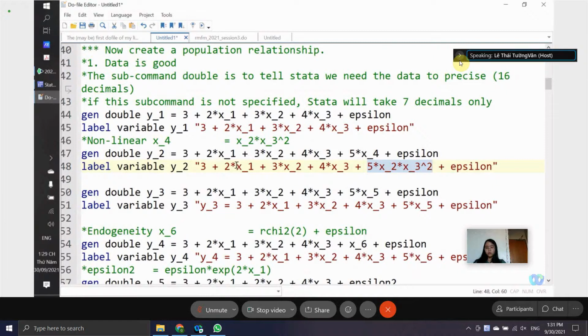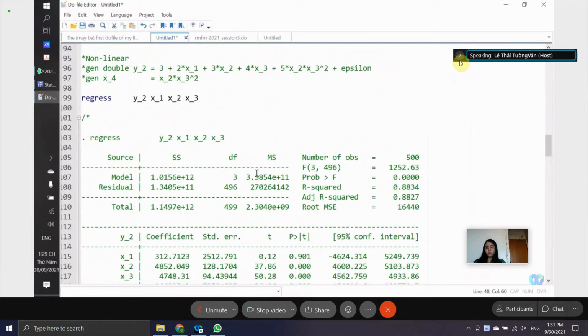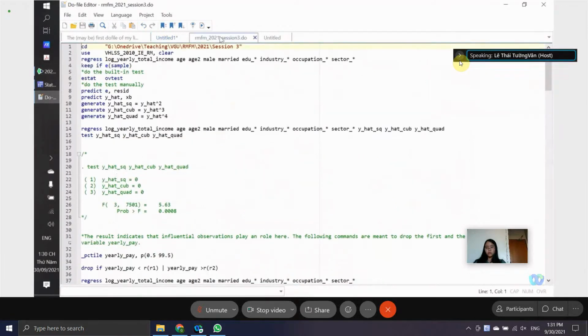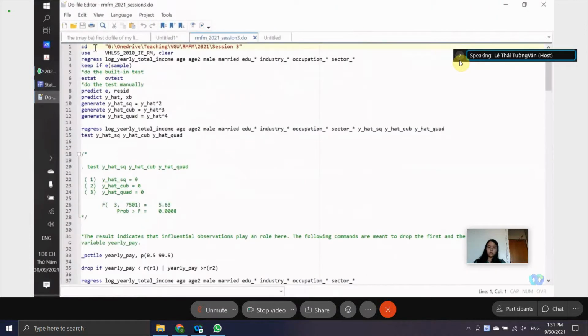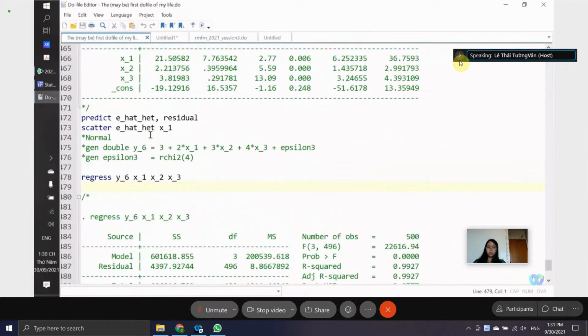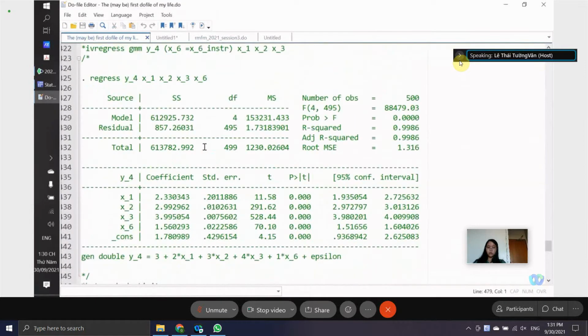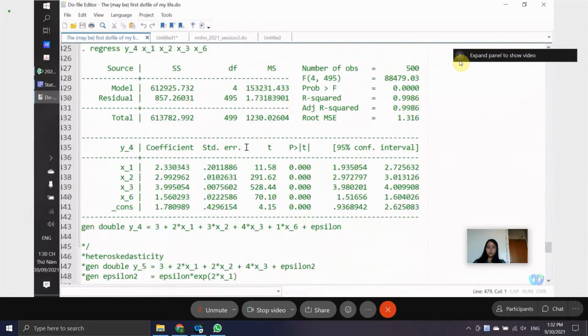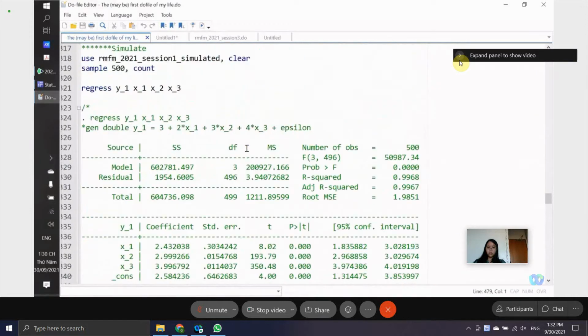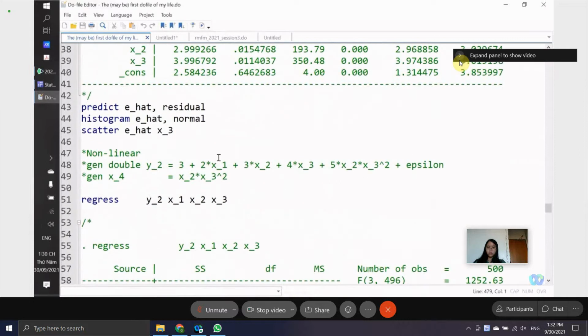After that, when we run the regression, if we regress y2 on x1, x2, x3, this is the regression. So y2 depends on x1, that is true. x2, that is true. x3, that is true.